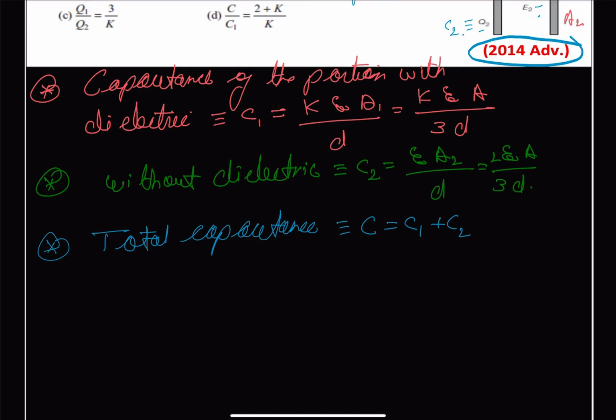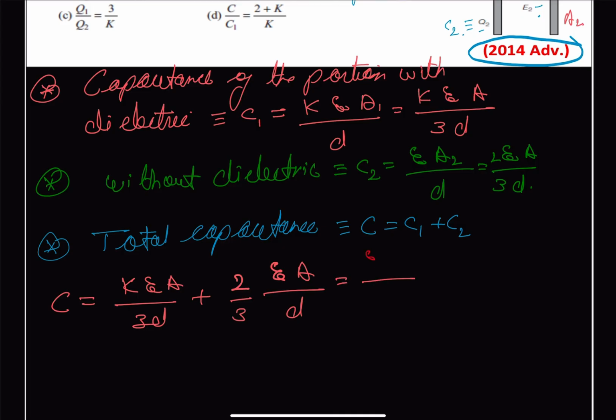We substitute the values of C1 and C2. So we get K epsilon naught A upon 3D plus 2/3 epsilon naught A upon D. So epsilon naught A upon D we can take as common, and this comes as K plus 2, all over 3D.